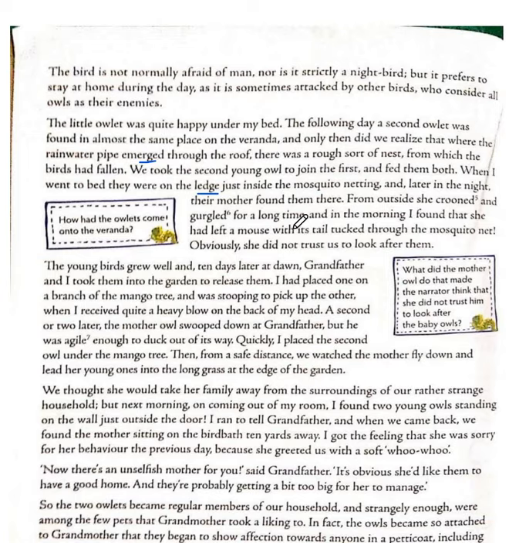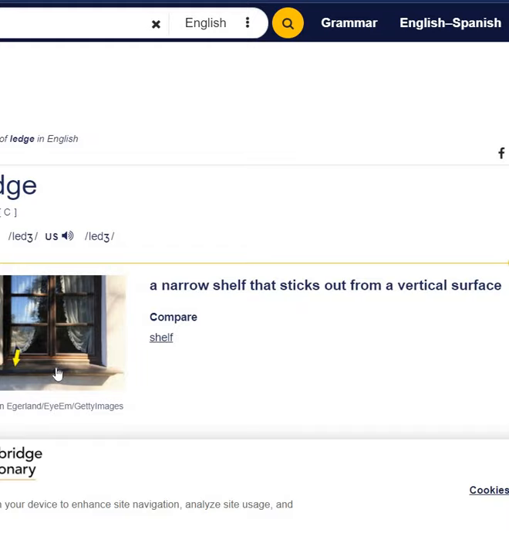Ledge is what? If you see your window, you will find this kind of a place. A ledge is a narrow shelf that sticks out from a vertical surface, like a window. Suppose this is a window, and where the yellow arrow is, this part we call a ledge.